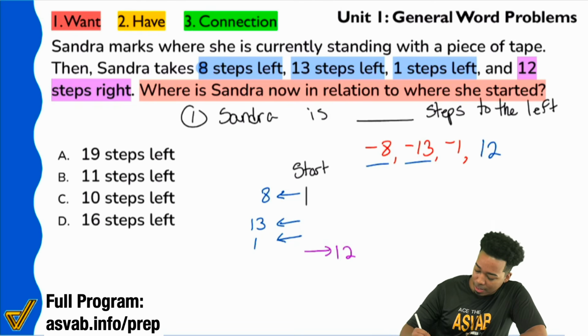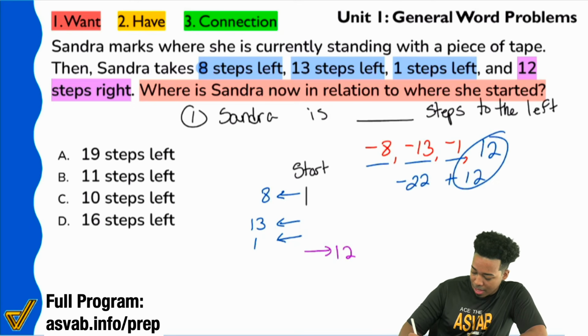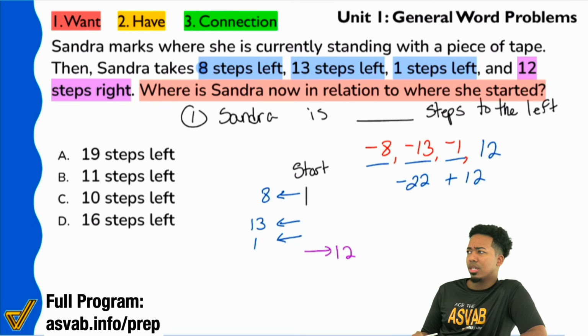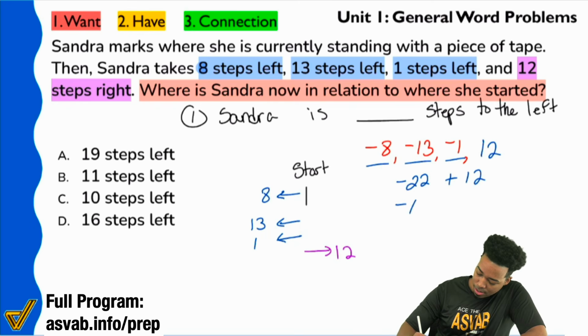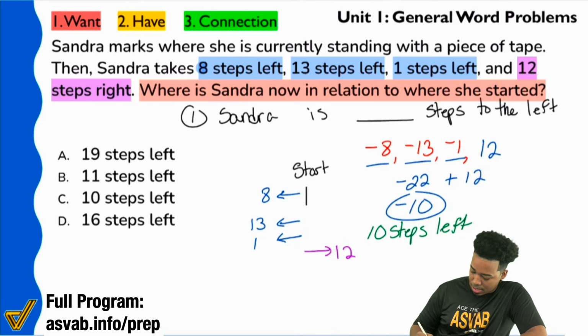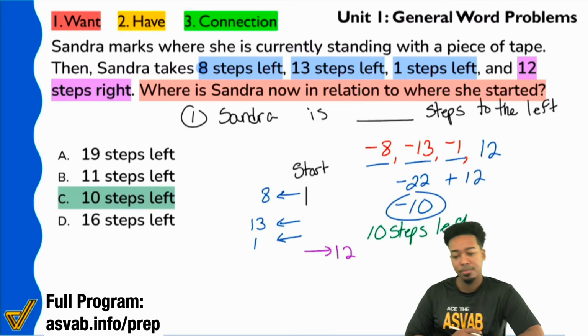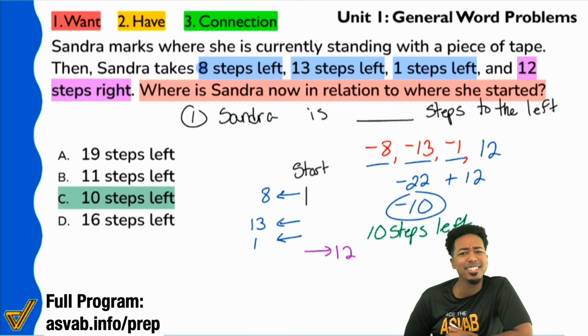But -8, -13, that's -21, -22, so that's -22, and we still have to add that 12. Well, what's -22 plus 12? That's going to be -10. And there it is. Boom. So -10 means we have 10 steps to the left, and that's why C is going to be the answer. Just like that.